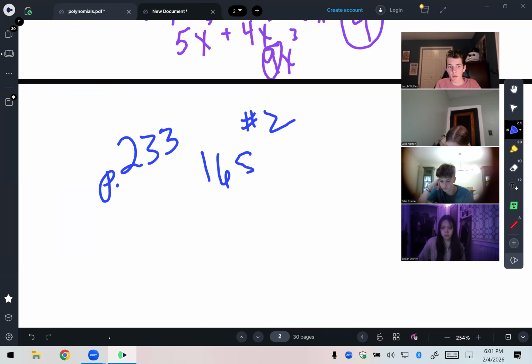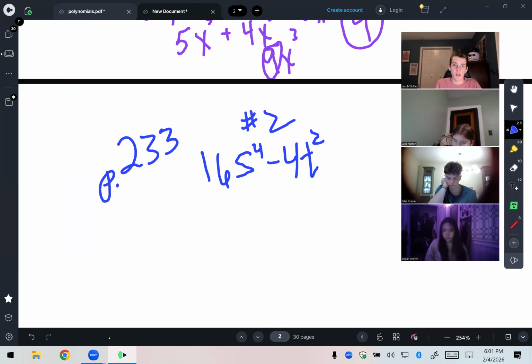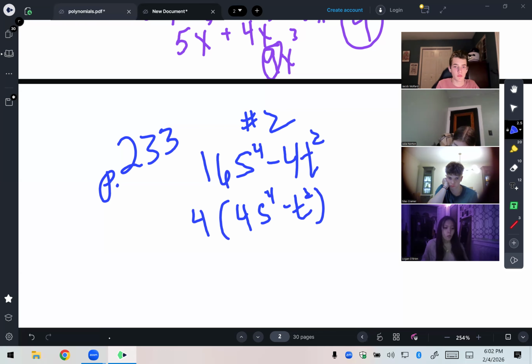16s to the 4th minus 4t squared. So I can factor out a 4. That'll give me 4 times 4s to the 4th minus t squared. And you can see all the answer choices have a 4 factored out first.